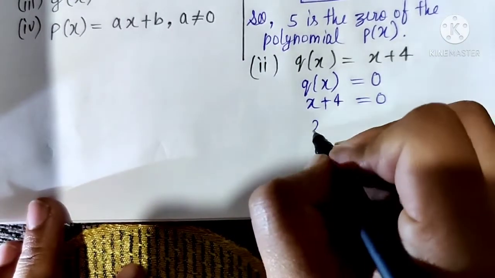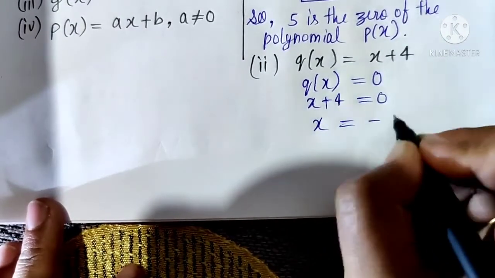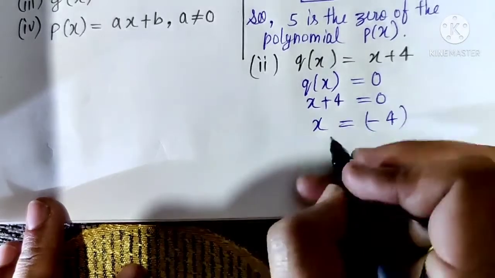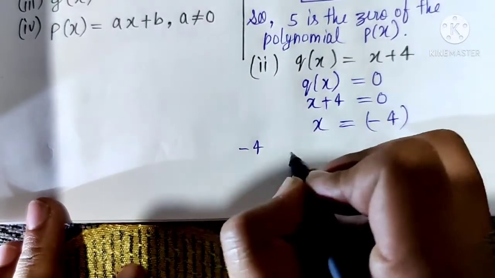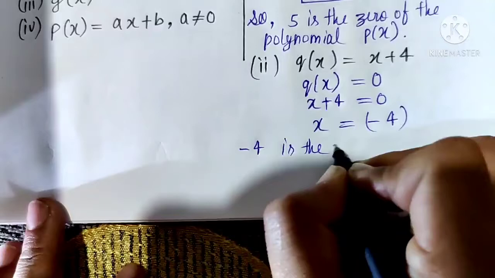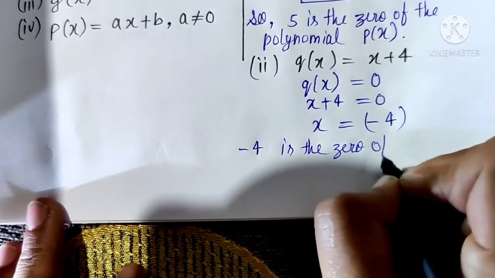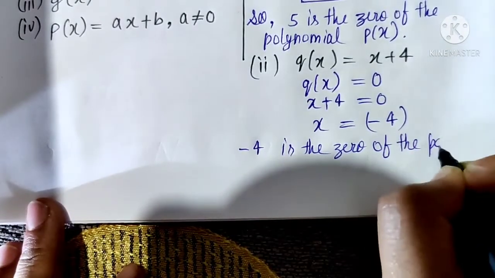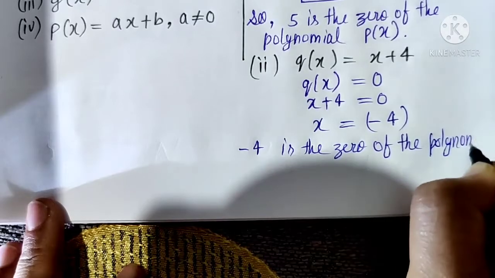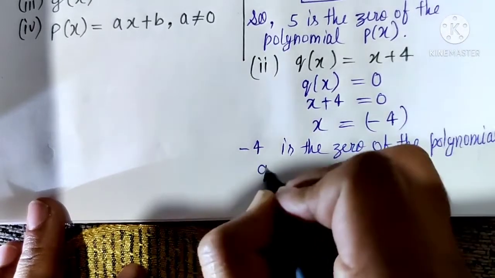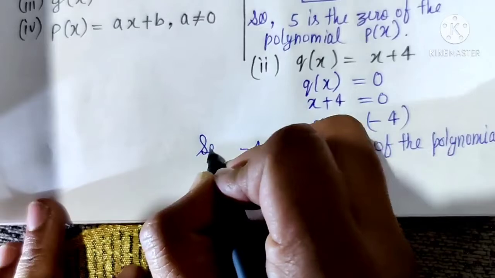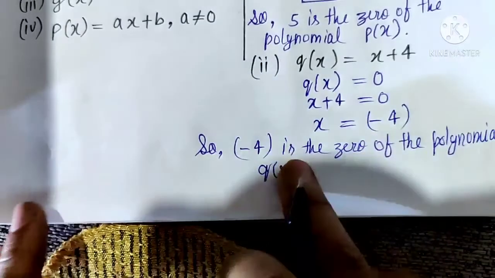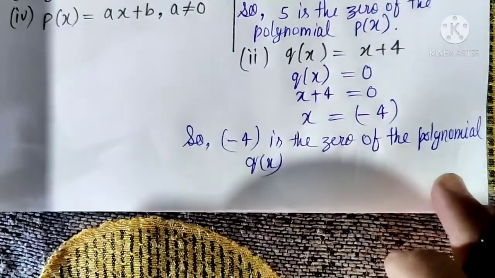So x will remain here and 4 will go to the other side, so it becomes minus 4. So minus 4 is the 0 of the polynomial q(x).